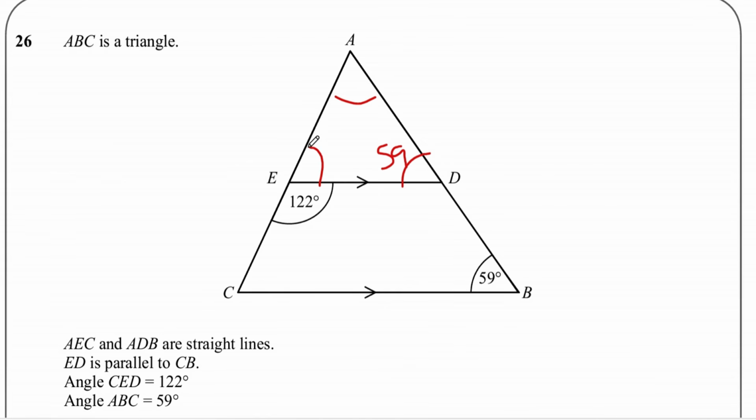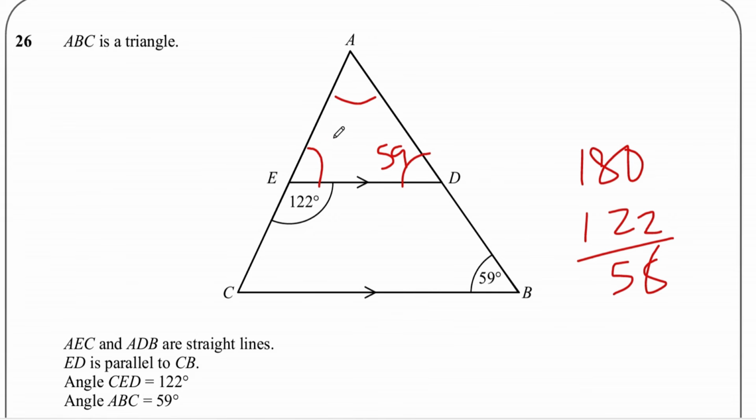And how do you get this angle? Sum of angles on a straight line is 180. So you can do 180 minus 122, that is 58. So this is 58. So you have 59 plus 58. Then you take away from the sum of angles in a triangle, which is 180.